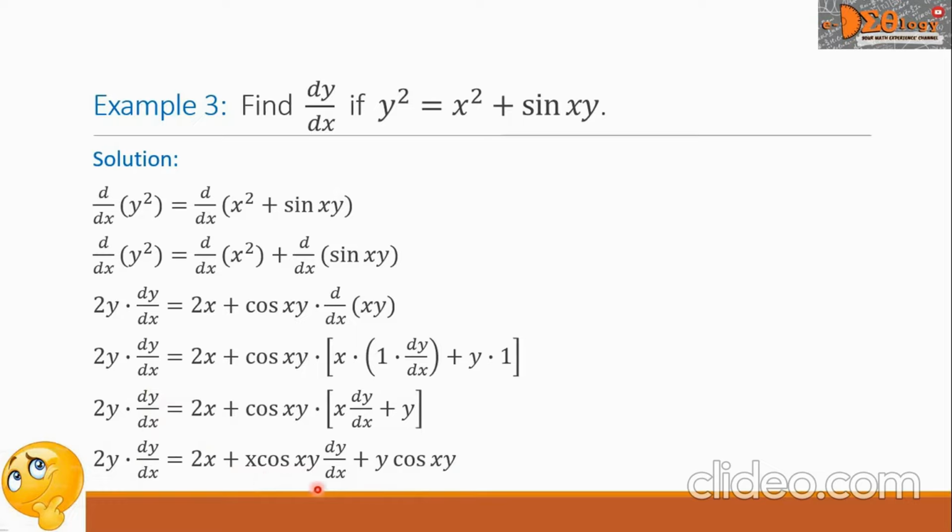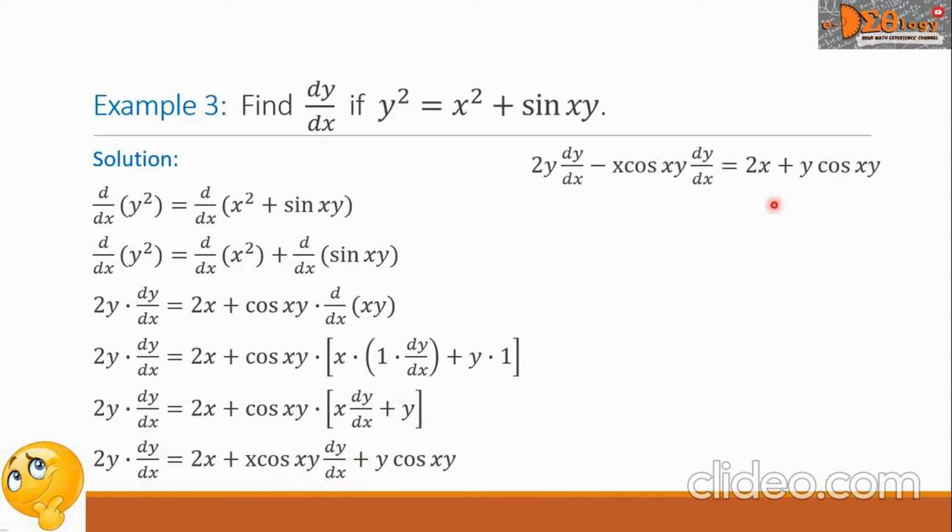Our next objective is to put all terms with dy over dx all in one side of the equation. Look at the left side. We have a term with the dy over dx already. On the right side, the middle term has dy over dx. So let us transpose this to the left side.